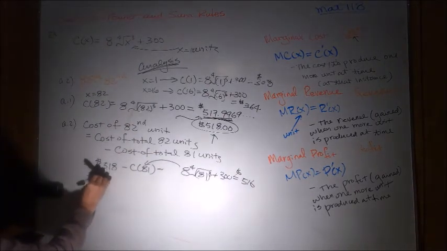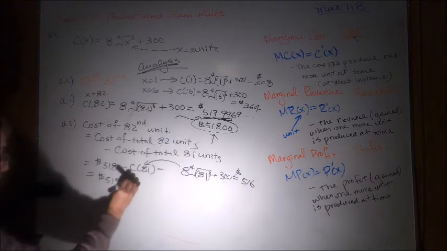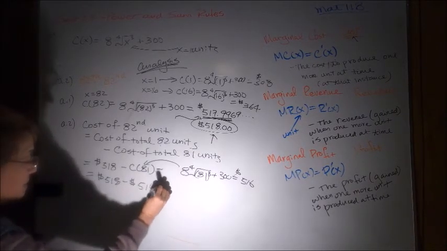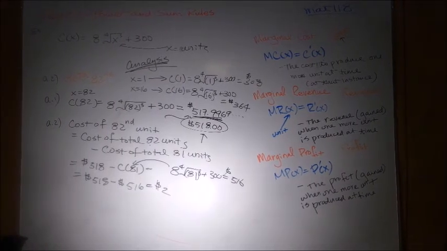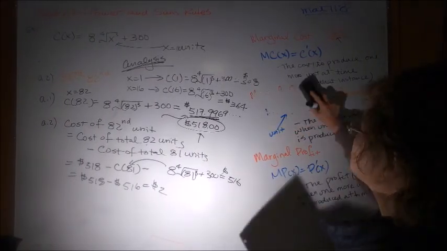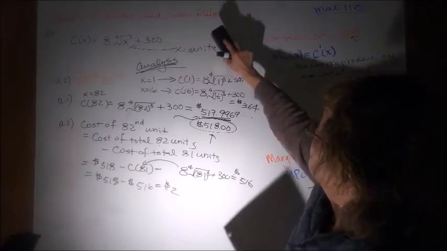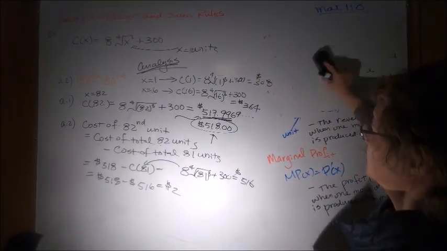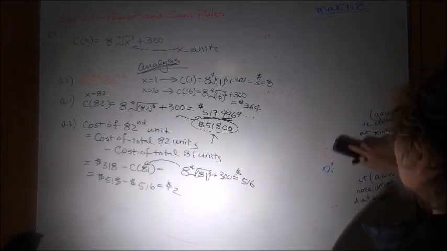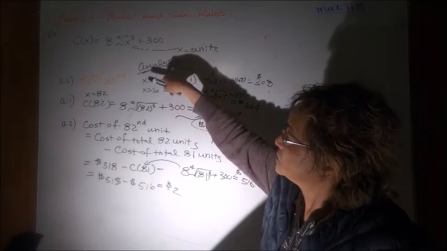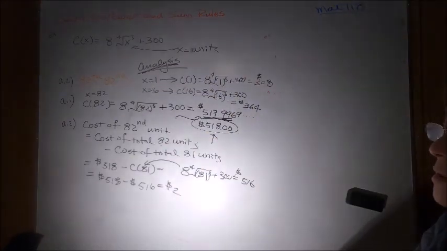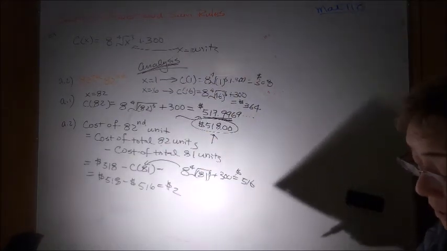So 518 minus 516 would cost you $2 to produce the 82nd one. That's how you apply the function to figure out these numbers.